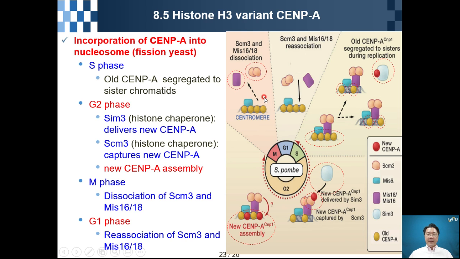And after that, during the G1 phase, reassociation of Scm3 and reassociation of Mis16 or Mis18 happens. So in this slide, we covered incorporation of CENP-A into the nucleosome, especially in fission yeast. The very important step, new CENP-A assembly, happens during the G2 phase.